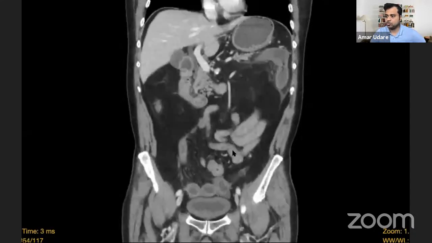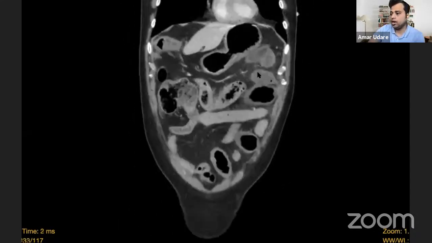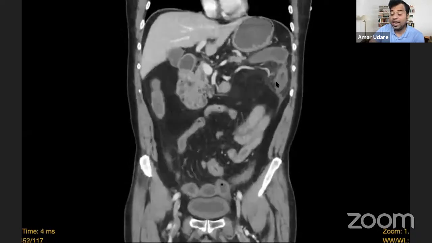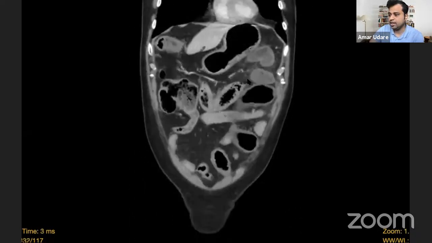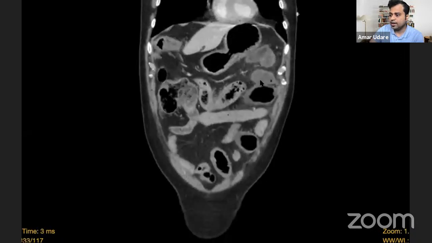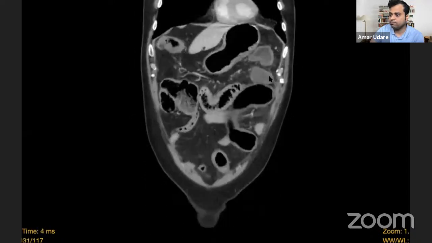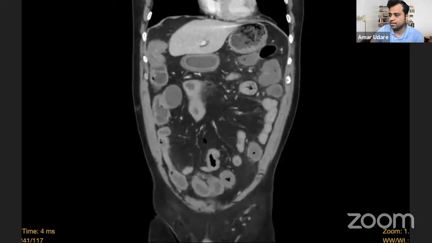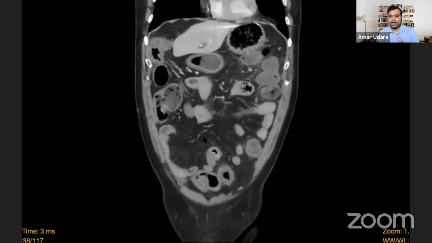As Selda mentioned, you see these bowel loops in the left half of the abdomen. Especially large bowel loops in this region show wall thickening, and they hardly show any enhancement. Whenever you're reading body CTs, abdominal CTs, always have a system.